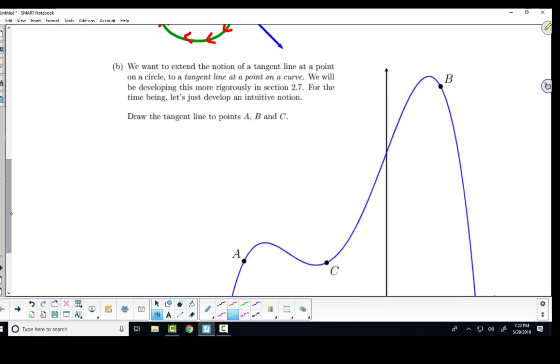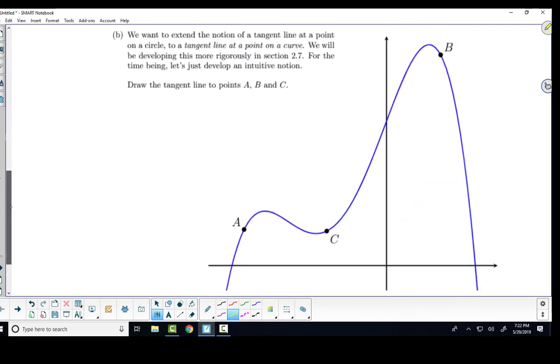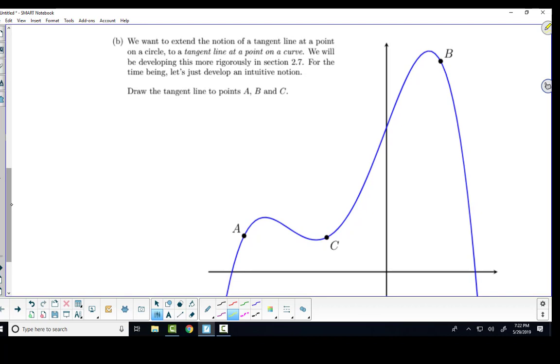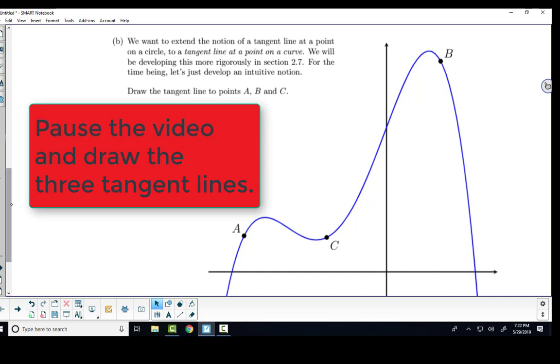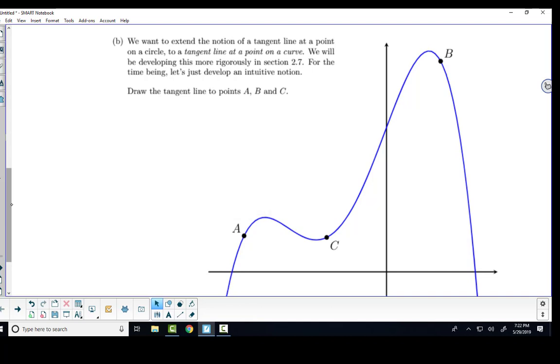So what I'd like you to do is go ahead and draw, this is a little zoomed in, a tangent line to this curve at each of these points. Point A, at point B, and at point C. So maybe for a tangent line at A, we get something like that.